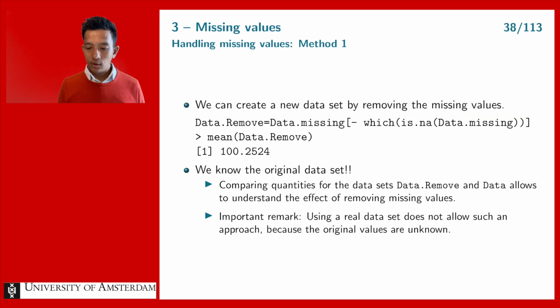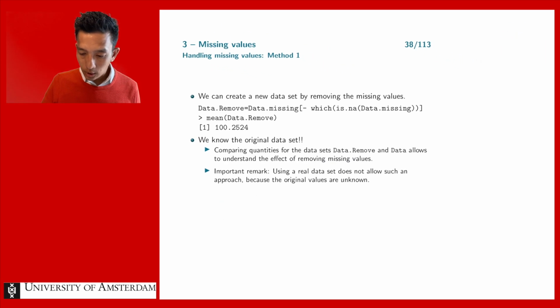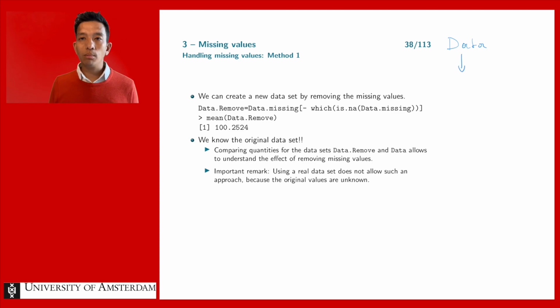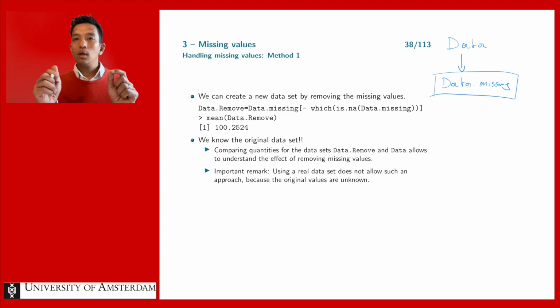All right, what we did is we had our initial data set, data. It was the nice clean data set, no missing values. Then we transformed the data set into the data set data.missing. This is the data set that you see.